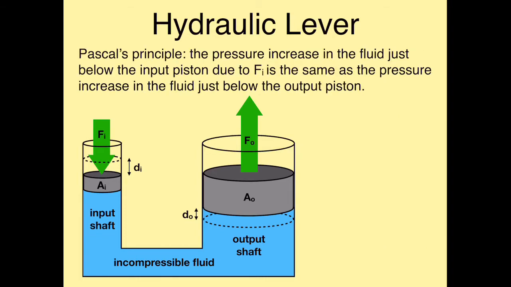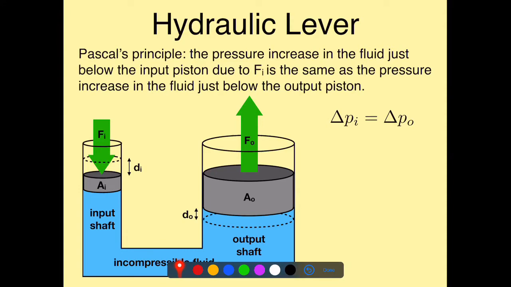And our starting point is going to be Pascal's principle. The idea here is that the pressure increase in the fluid just below the input piston, because of this force we apply, is the same as the pressure increase in the fluid just below the output piston over here. So let's write down an equation that says delta PI, pressure increase at the input side, is equal to delta PO, pressure increase at the output side.